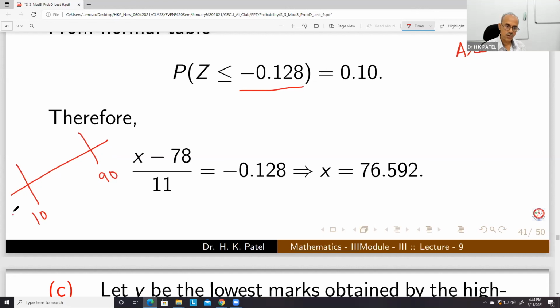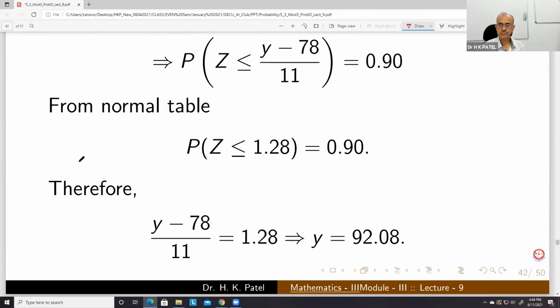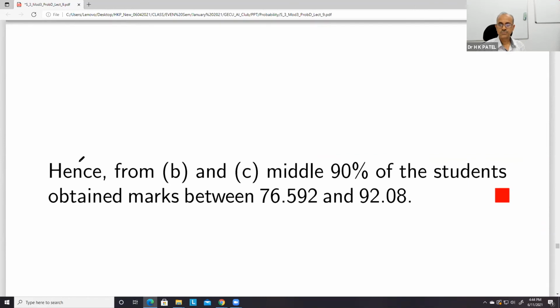Now for this part we are finding the lowest marks obtained by the highest 10%. Therefore we have the two limits now. This one was calculated in part B and this one in part C, and therefore the answer will be this.